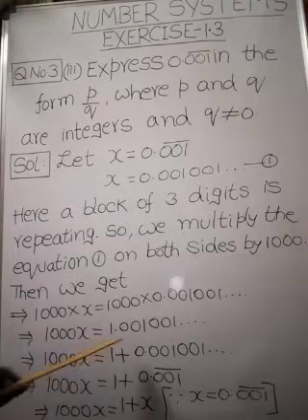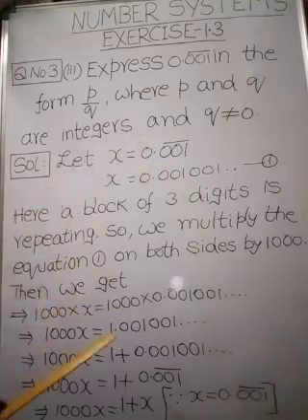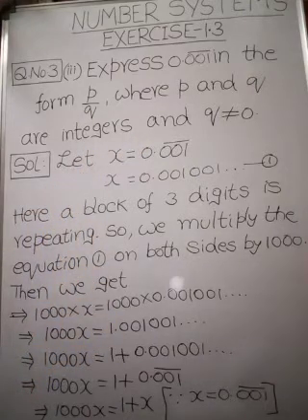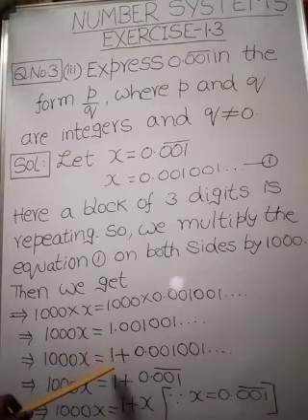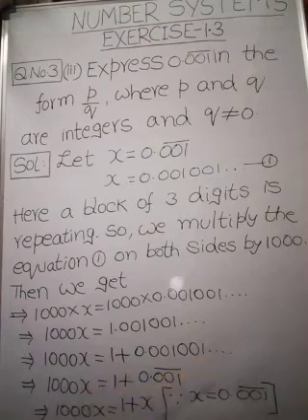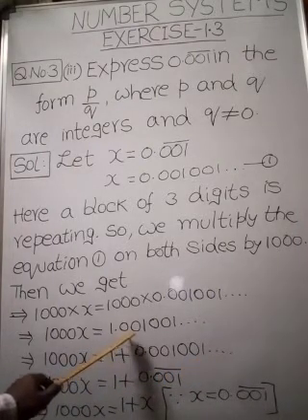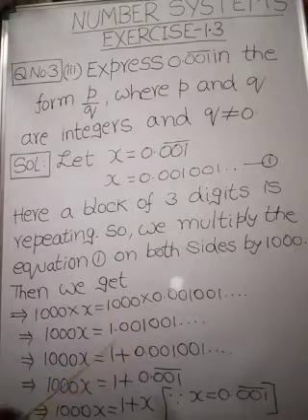Right. Now we split this number with the help of the given number to get the given number as a second number. So 1000x is equal to 1 plus 0.001 and so on. To get the required number, we are splitting this number. Understood, my dear children? Right.